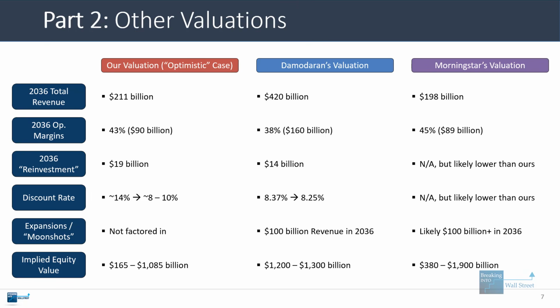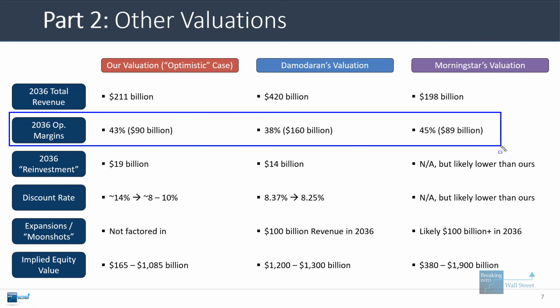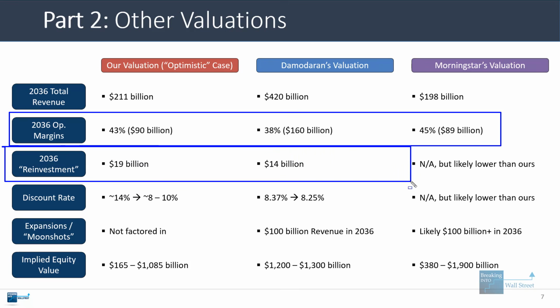The main difference is that all of our valuations actually have margins after about 10 years, 2036, in about the same range. Interestingly, the reinvestment assumption, so CapEx minus D&A, is actually pretty similar in ours and Damodaran's. There is some difference, but it's pretty small next to everything else.